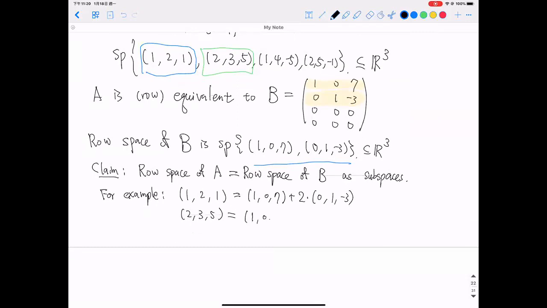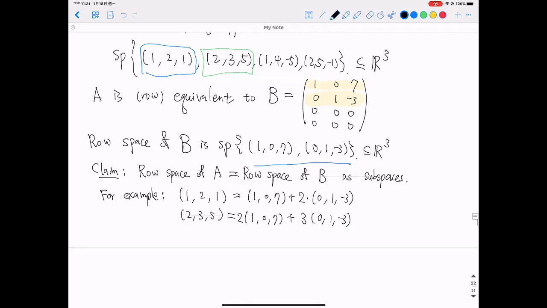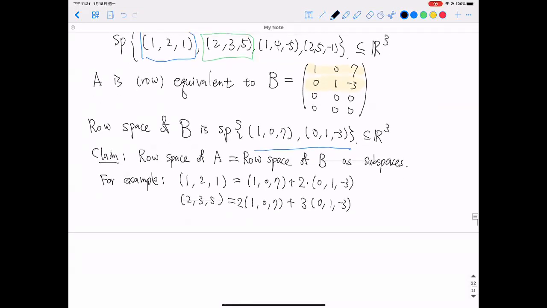I need a 2 here to make the first entry a 2, and a 3 here to make the second entry 3. And then the third entry I have 14 minus 9, that's 5. So I'm good.